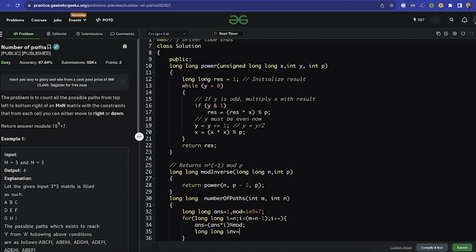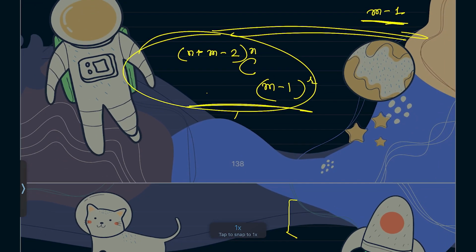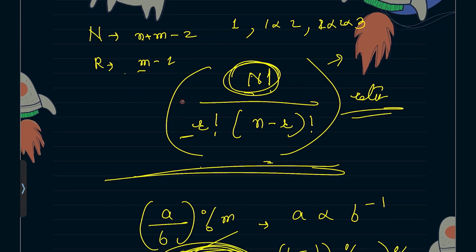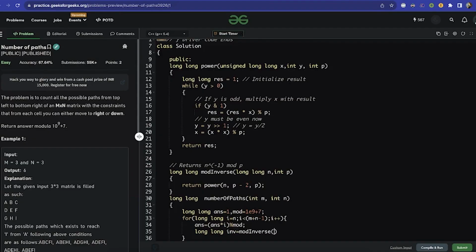So now we would say long inv, that is inverse, and then we would ask for the mod inverse. What was the mod inverse of what was needed? The mod inverse of r factorial and (n minus r) factorial. So here we would say i minus n plus 1. At each point we are multiplying it, and then comma mod. Okay, and that would be power of i, mod minus 2, and that would be done by default.